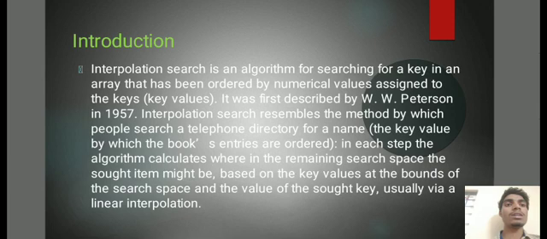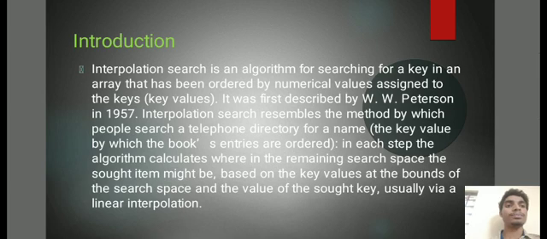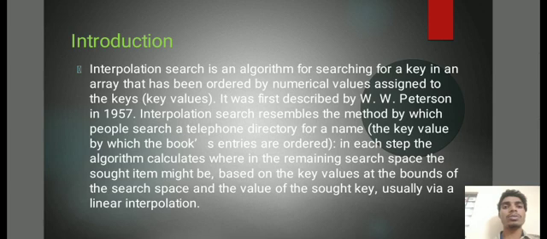Interpolation search resembles the method by which people search a telephone directory for a name. In each step, the algorithm calculates where in the remaining search space the sought item might be, based on the key values at the bounds of the search space and the value of the sought key, usually via a linear interpolation.